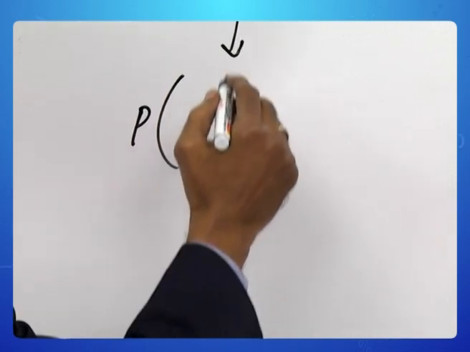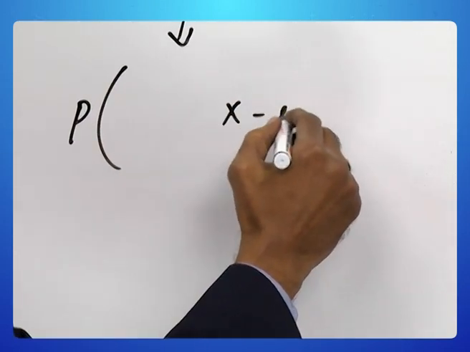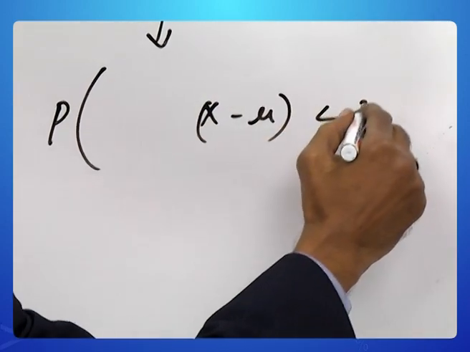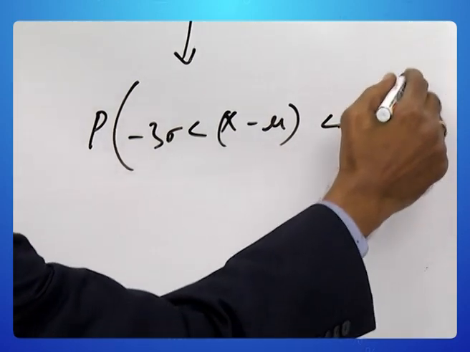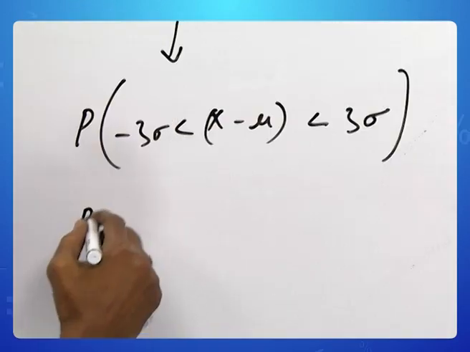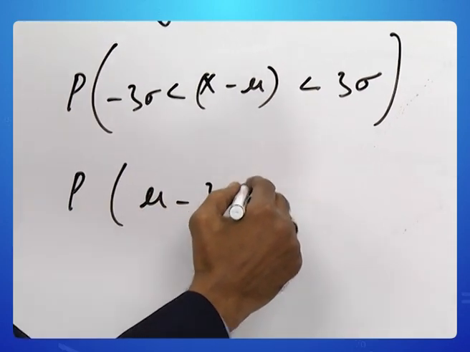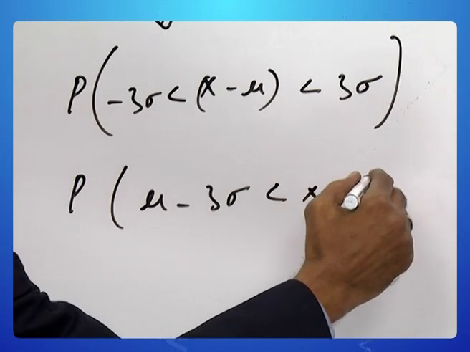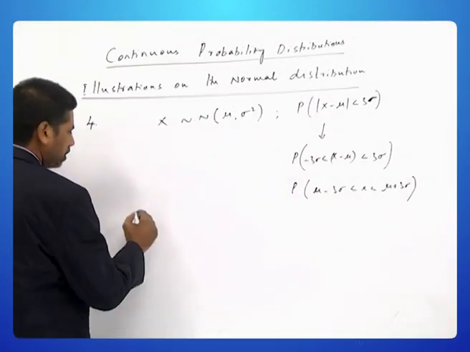If you remove the modulus, then you will get x minus mu lying between minus 3 sigma and plus 3 sigma. So if you further manipulate this, you will get probability mean minus 3 standard deviation less than x less than mean plus 3 standard deviation. This is already known to us.